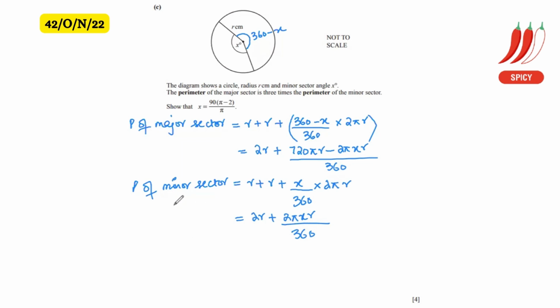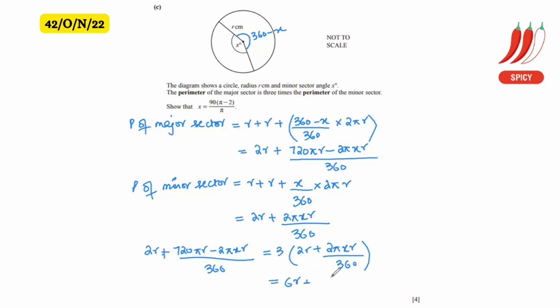Now, if we create an equation out of these two, the major one is three times the minor one. Expand the bracket, so that's 6r plus 3 divided by 360 is 120. 2 divided by 120 is 60.